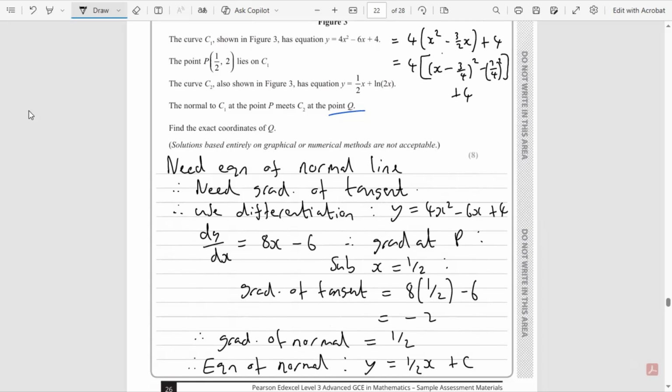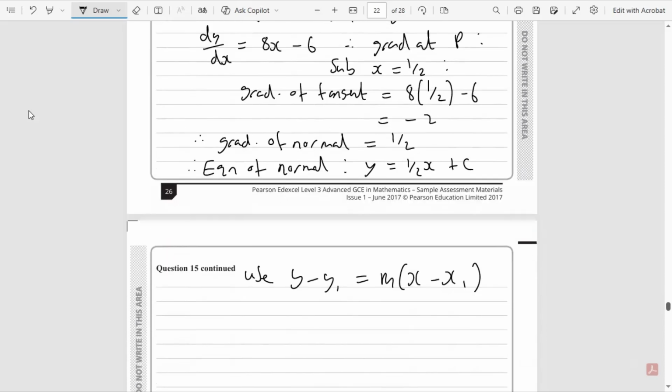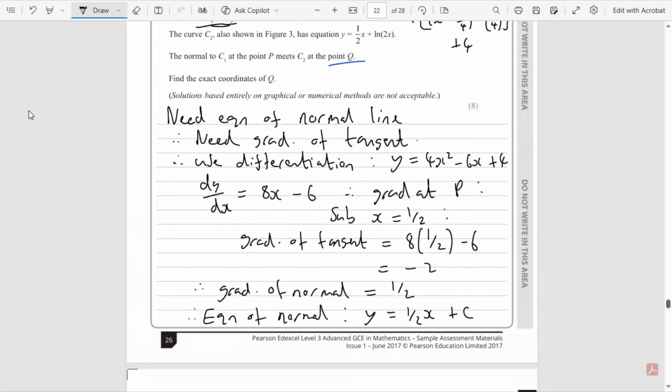Now we just need to work out what the plus c is going to be. What you could do is sub in the coordinates of P into the straight line, or you could use the formula y minus y1 equals m times x minus x1. In fact, I'm going to do that here. So x1 is the x coordinate of P, y1 is the y coordinate of P. So we have y minus, was it 2, the y coordinate of P? Yes, it was 2.